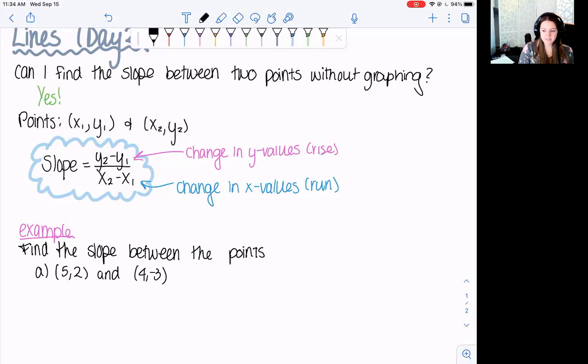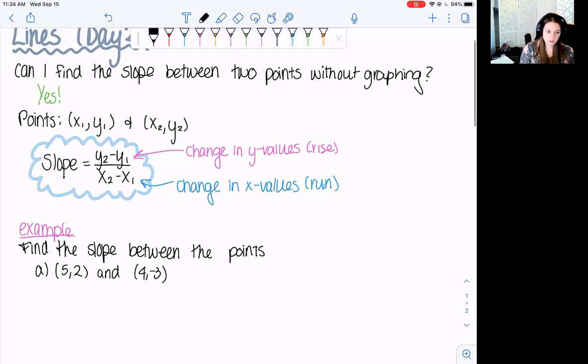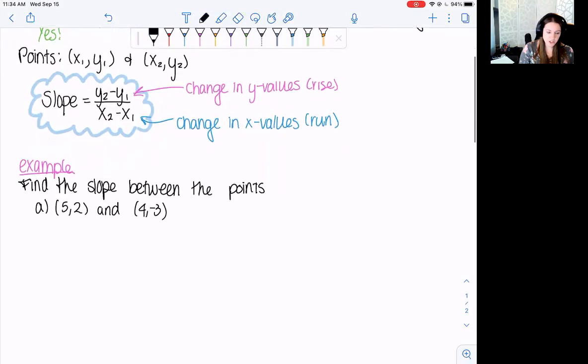So let's say we have the points 5, 2, and 4, -3. It does not matter which point you choose to be x1, y1, and x2, y2. So I'm going to do it both ways to show you that it comes out the same way.